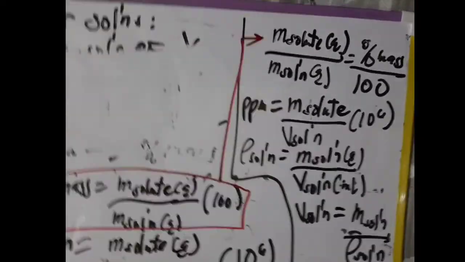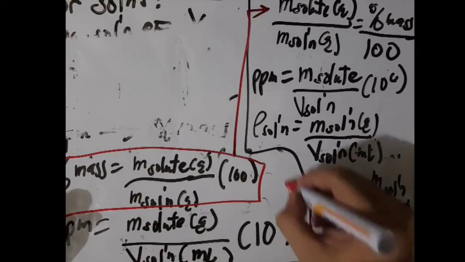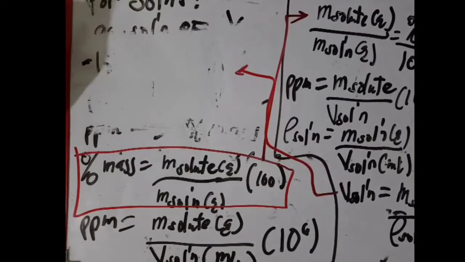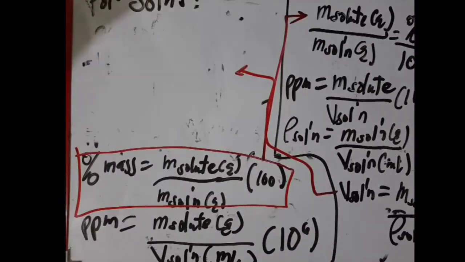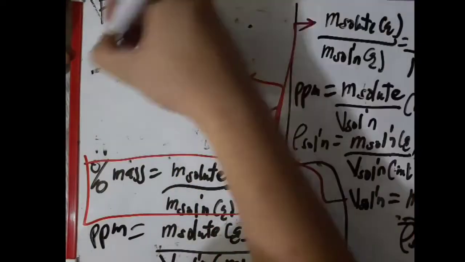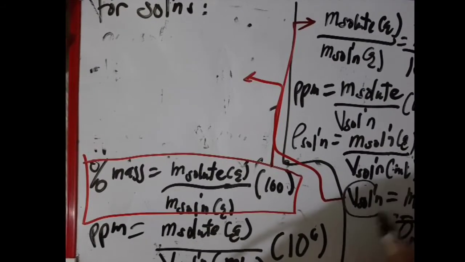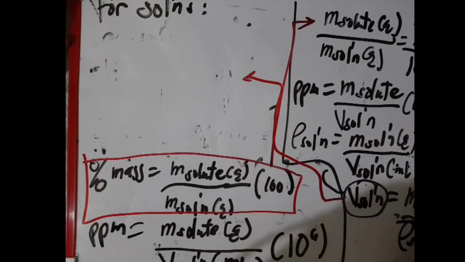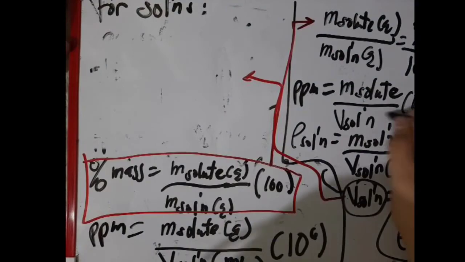So going back here, I'm sorry, I'm running out of whiteboard space. Going back here, we substitute this expression to here.